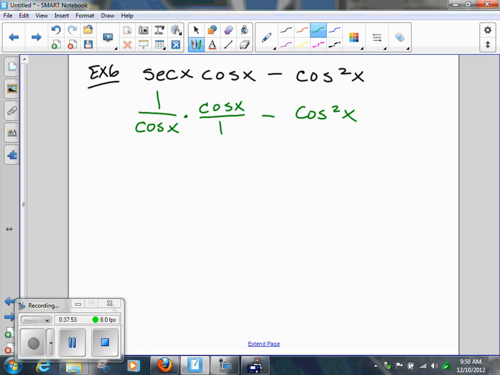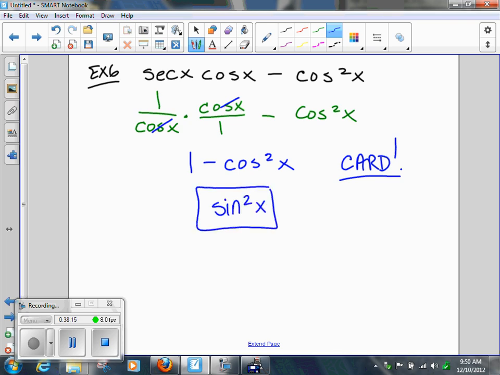Just let that sit out here and see what's going to happen because, of course, your cosines are going to cancel and you get 1 minus cosine squared x. Where do we go? Card. What is 1 minus cosine squared x? Sine squared x. Everybody got here, and then you were like, what do I do? Just look at your card. It's very simple. Questions at all?